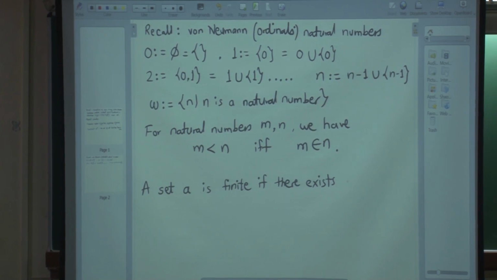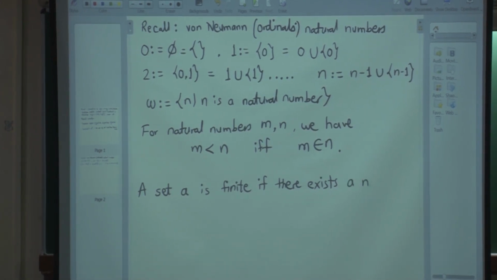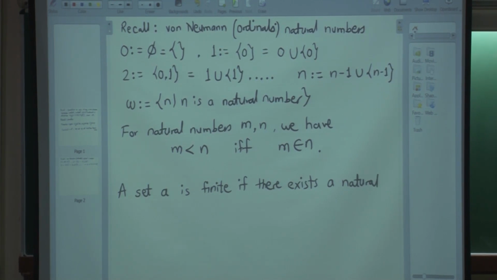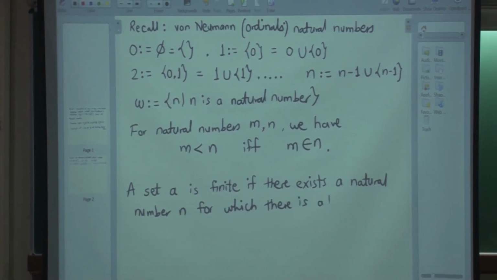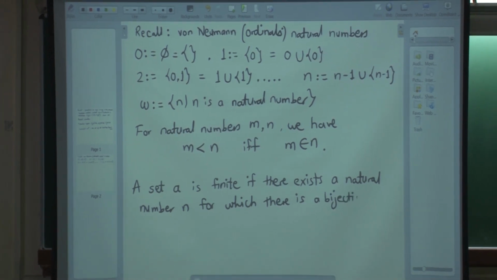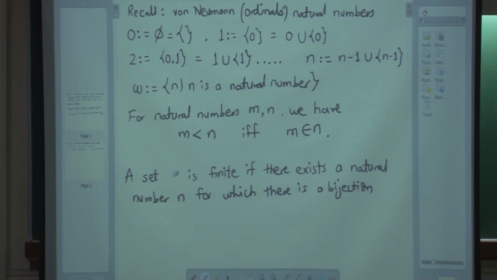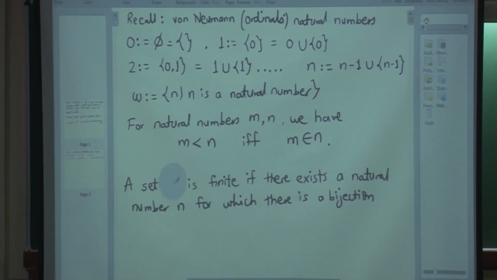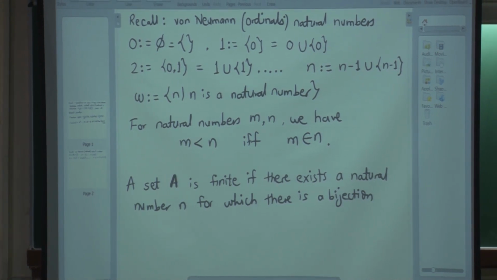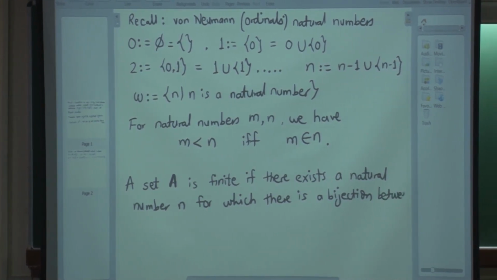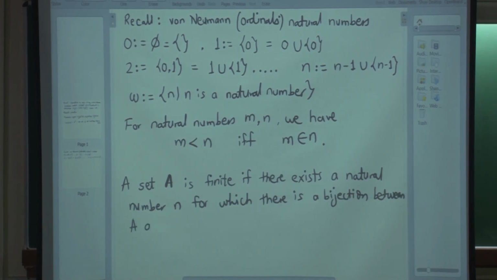So there exists a natural number n for which there is a bijection between A and n.